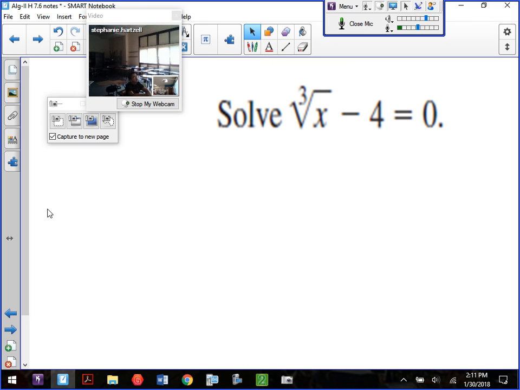All right. If I want to solve for x here, I have the cube root of x minus 4 is 0. What do you think you're going to have to do first, ladies and gentlemen? Add 4. Very good. Now what?